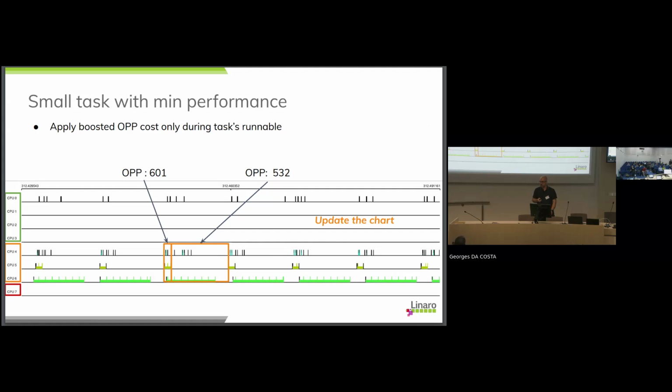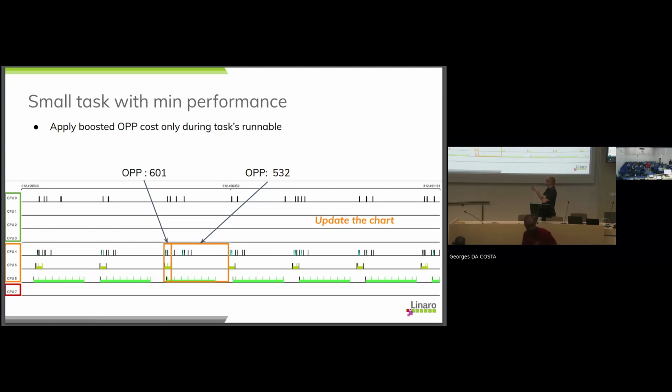Does it mean that if we use the uclamp definition as it is right now, when we place a uclamp max task on such a CPU, we are going to lower the frequency for a short amount of time to respect the uclamp max definition, and then raise the frequency back to the previous frequency?